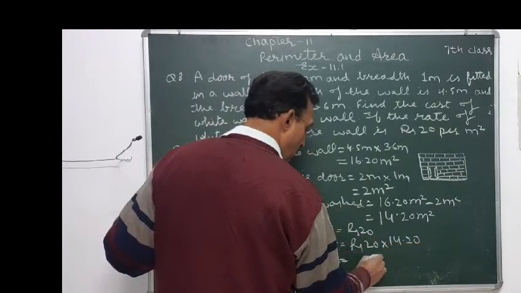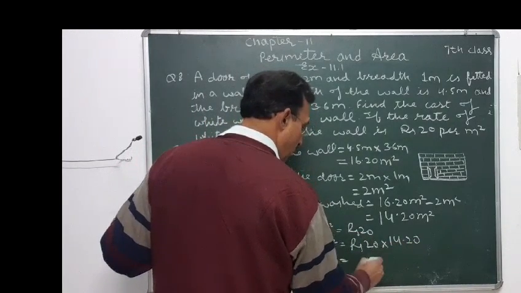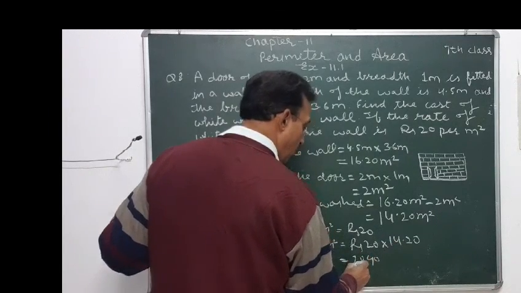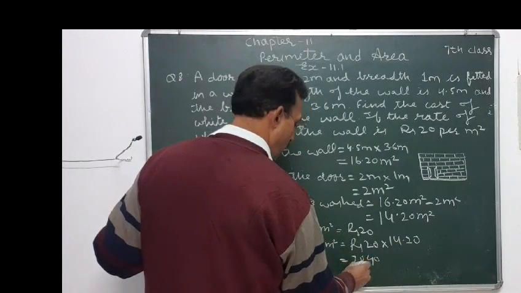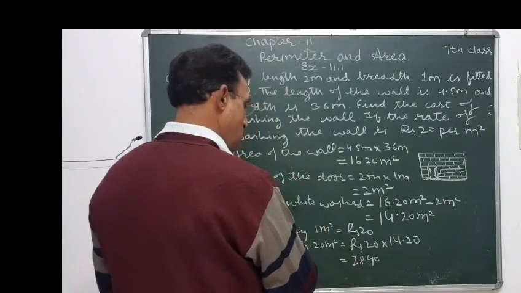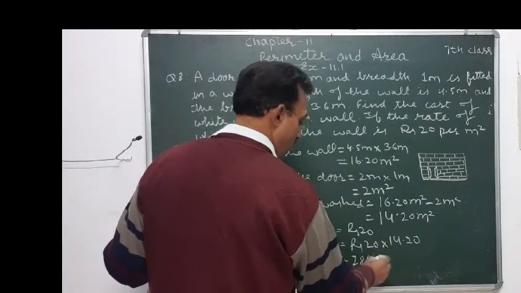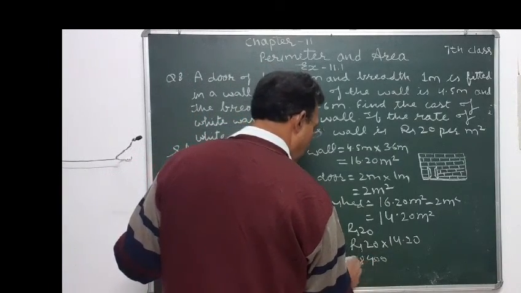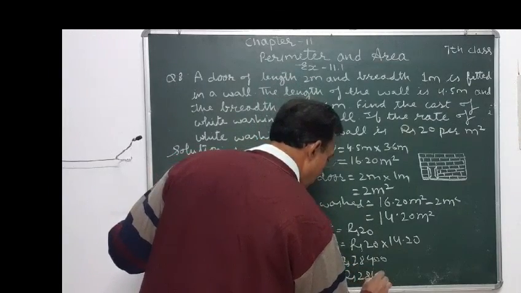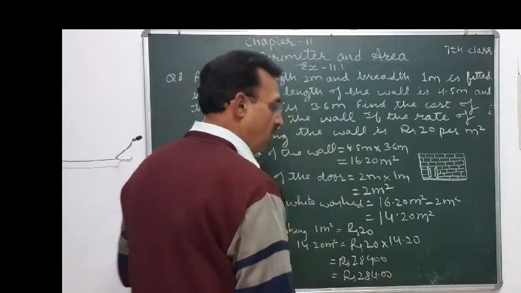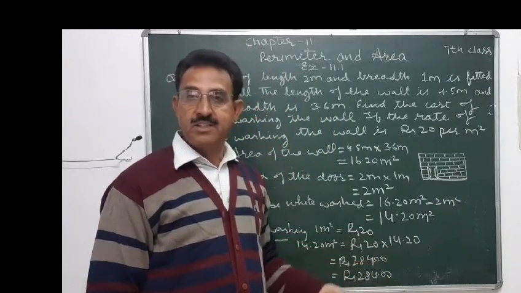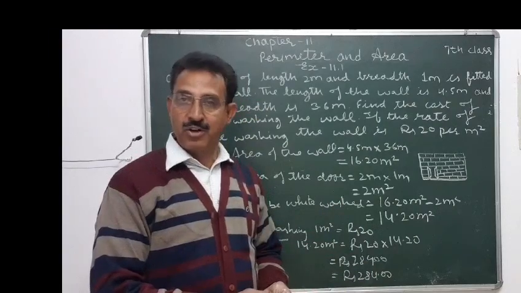So 2 2s are 4, 2 4s are 8, into 1 is 2. And 0. So this comes out to be rupees 284. So rupees 284 will be the cost of the whitewash. So by this we have come to the end of exercise 11.1.